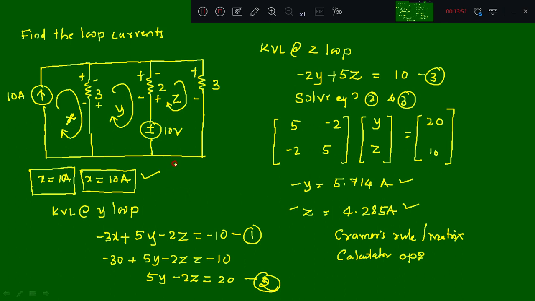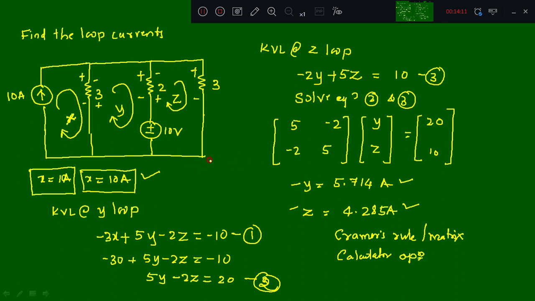So this is how we are going to solve the numericals on mesh analysis using KVL, which include 2 loops, 3 loops, or sometimes 4 loops also. It is just a matter of simplifying and getting the equations in the form of x, y, z order and constant, and getting the values of loop currents.